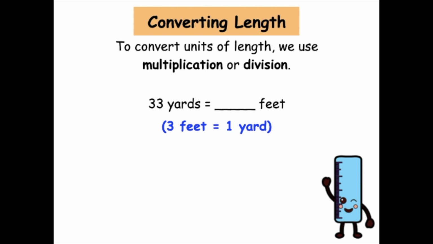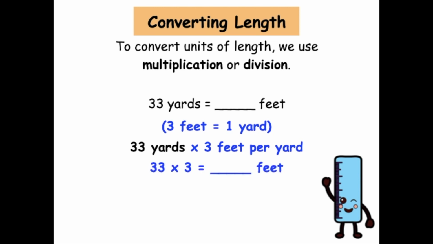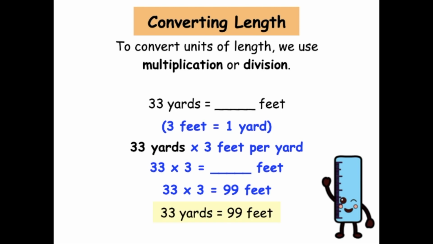So I have to have 3 feet 33 times. I take 33 yards and multiply it by the 3 feet per 1 yard. We take 33 times 3. You might want to pull out a calculator or a multiplication chart. 33 times 3 equals 99 feet. So 33 yards is equal to 99 feet.